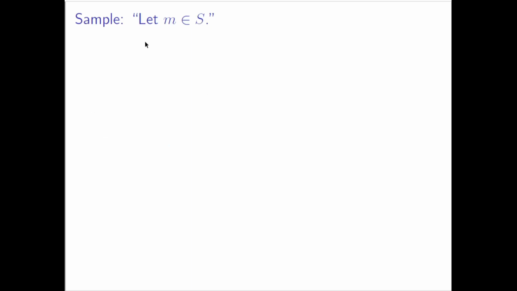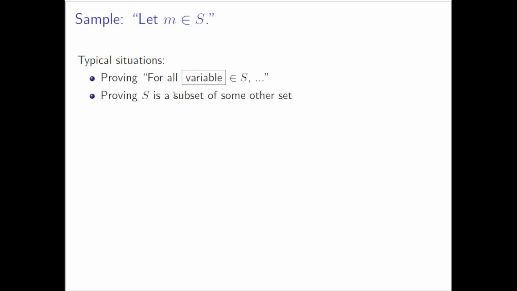There are legitimate reasons you'd write a sentence like this: let m in S. Typical situations I can think of, two. If you have "for all" a variable in S, comma, whatever follows, that'd be a typical reason. Maybe it is even "for all m in S", but it doesn't matter what variable is here because this is just a placeholder variable.